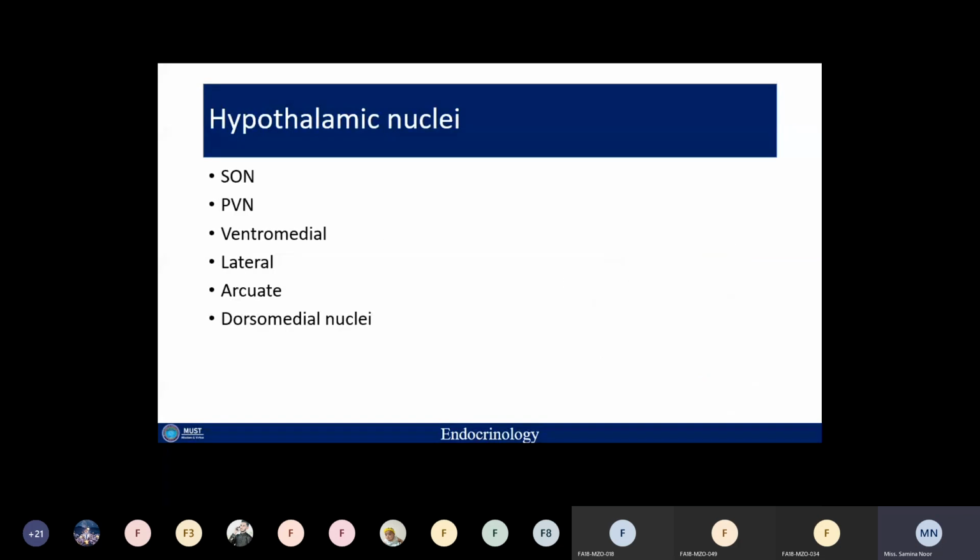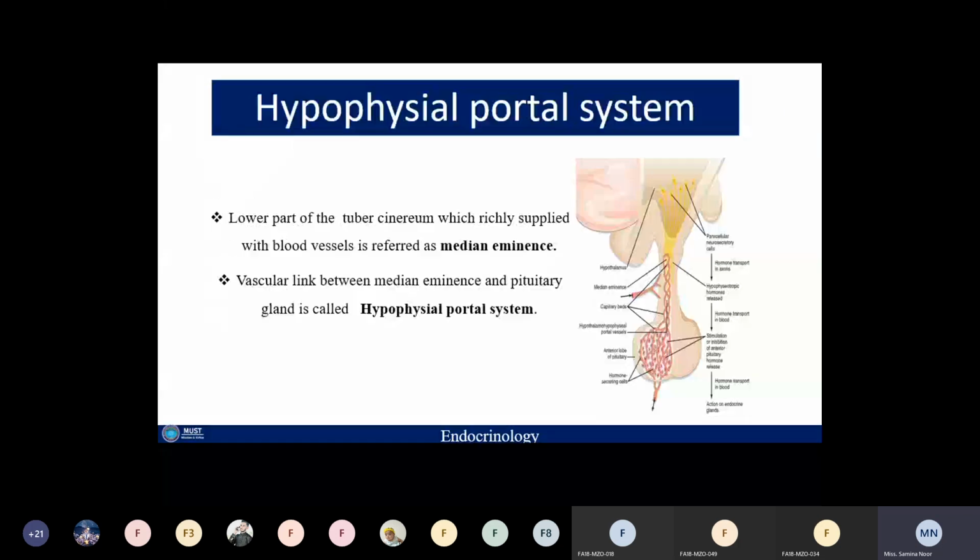As you can see in this figure, the median eminence is a region which lies between the hypothalamus and the pituitary gland, and it is formed by the downward extension of the tuber cinereum. The tuber cinereum is part of the hypothalamus, and its downward protrusion forms a region richly supplied with blood vessels, named the median eminence.